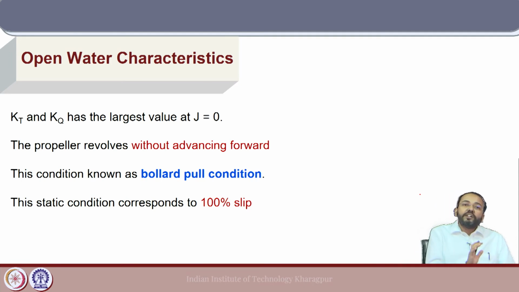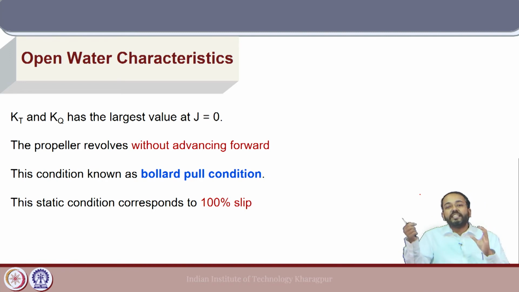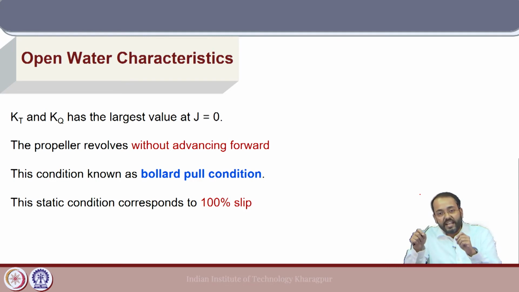Now, let us go to the other case where J is equal to 0, that means the case where the propeller is only rotating without any forward velocity. In the open water case, there is no ship. So, we have considered that the propeller is rotating as well as moving forward at the velocity of advance VA.